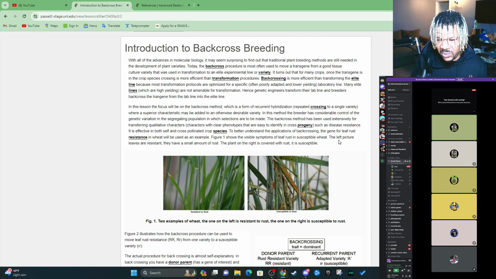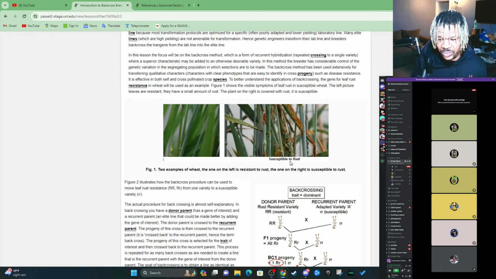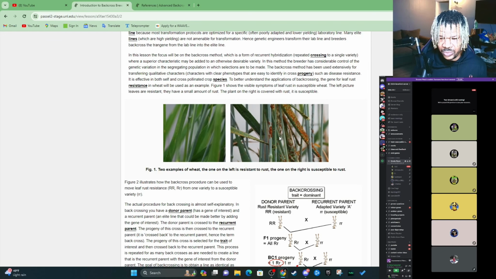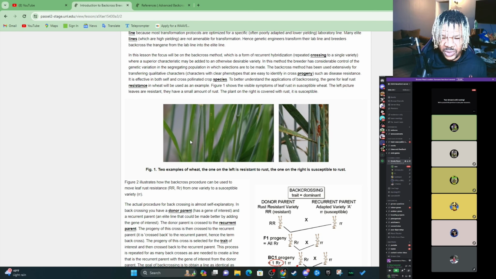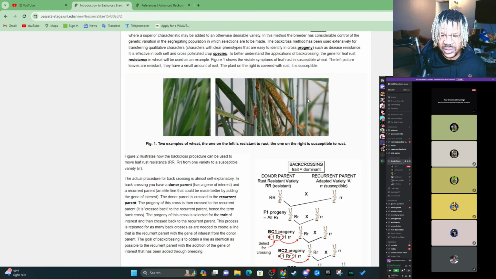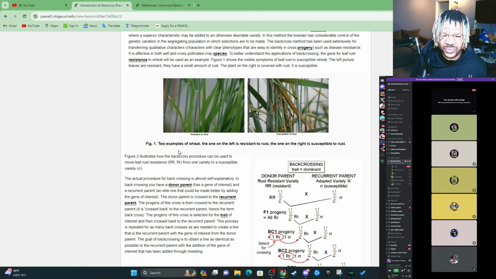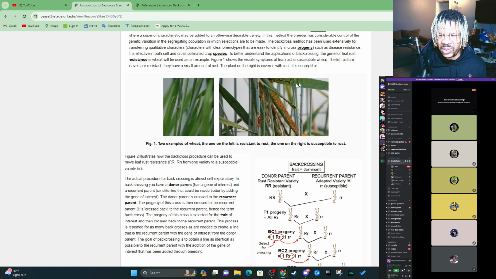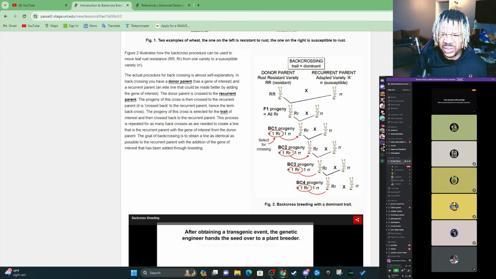It is susceptible. And you can see the two different comparisons. The one on the left being resistant to rust and the one on the right being susceptible to the rust trait.